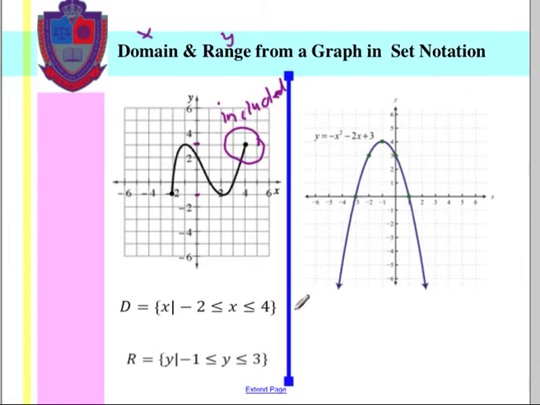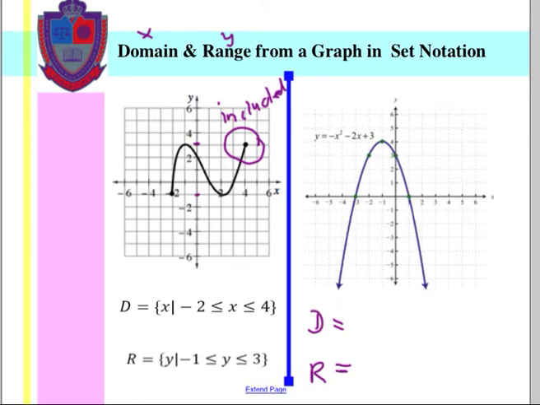How about this example right here? I have a graph that looks something like this, and I want to find the domain and I want to find the range. So the domain, again, is all your x values. Notice these arrows. What does that arrow mean? Remember, when you put arrows on a graph, it means it goes on forever and ever.